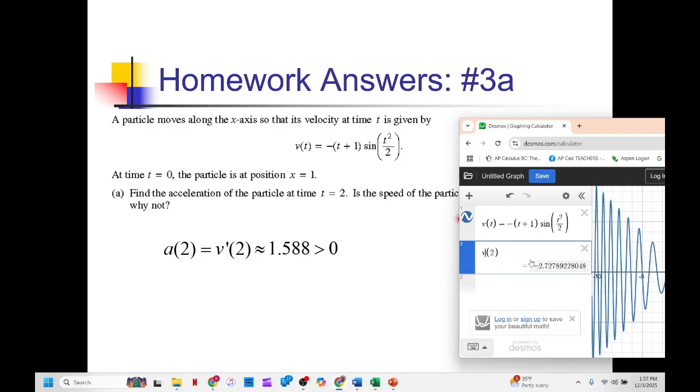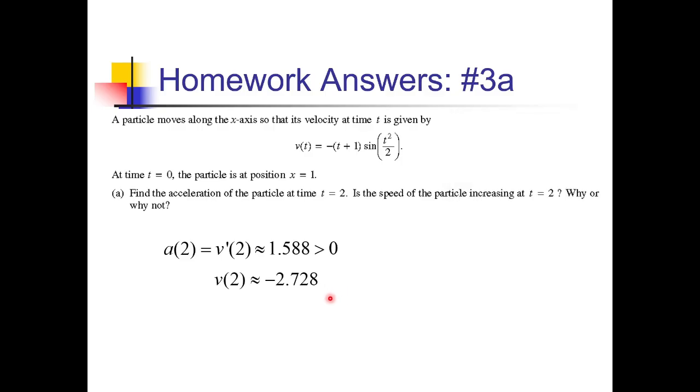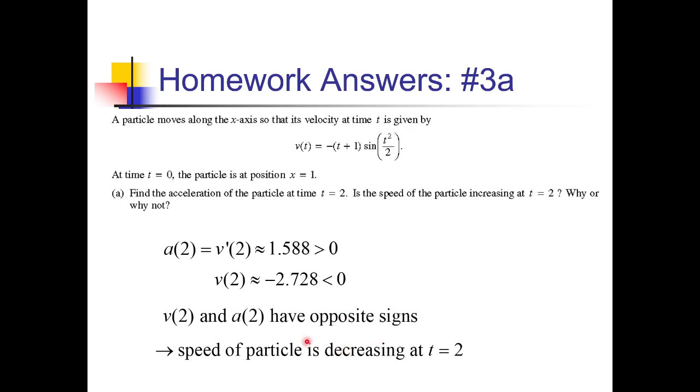And that comes out to negative 2.728. Now the key on this is that that's a negative number. Since a of 2 and v of 2 have opposite signs, that's telling us, since the velocity and acceleration are working against each other, that our particle is slowing down, decreasing speed at time 2.